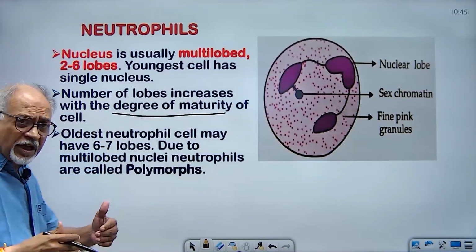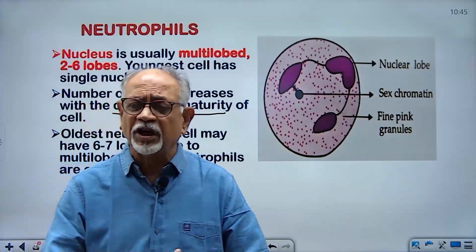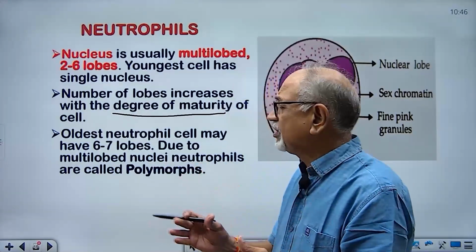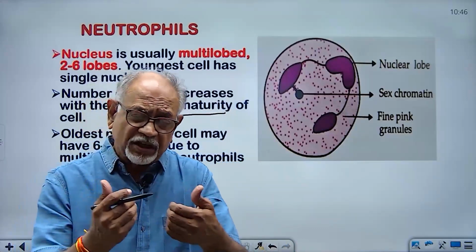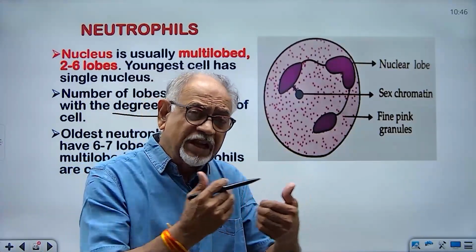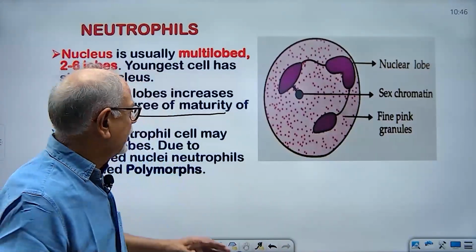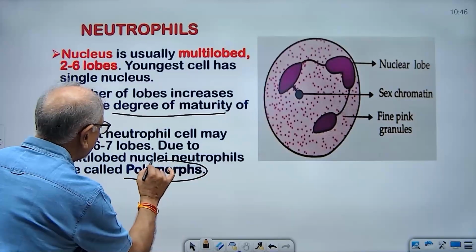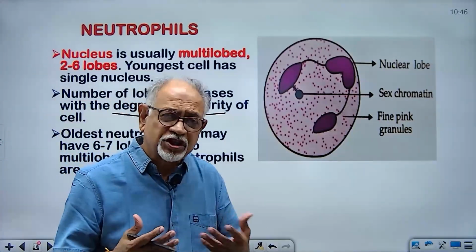That means as the neutrophil becomes mature and older, the number of lobes in the nucleus increases, and therefore their structure is variable at different stages, and therefore they are called polymorphs. Poly means more and morph means shape.